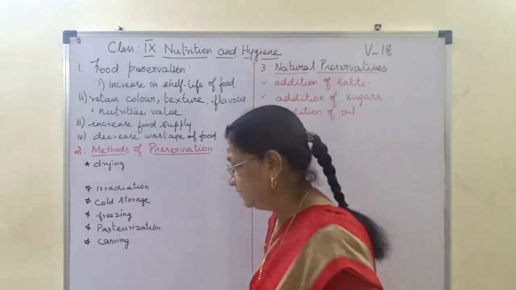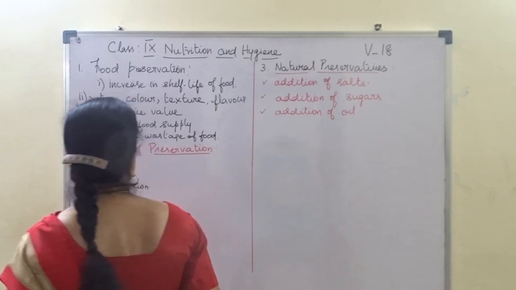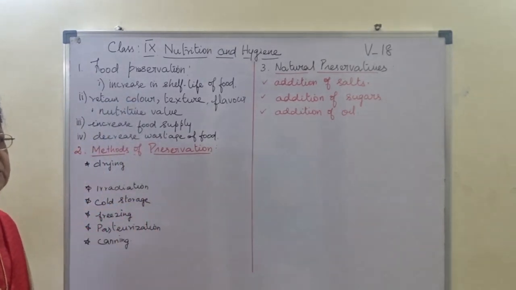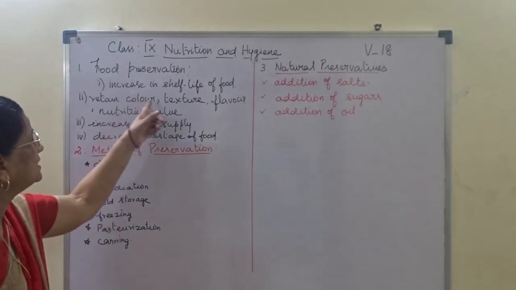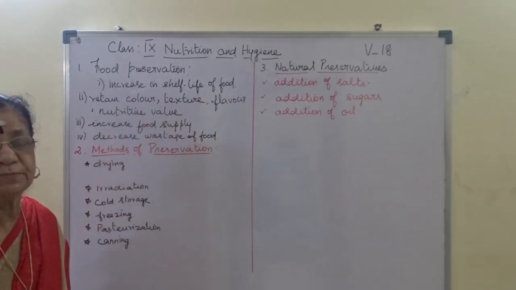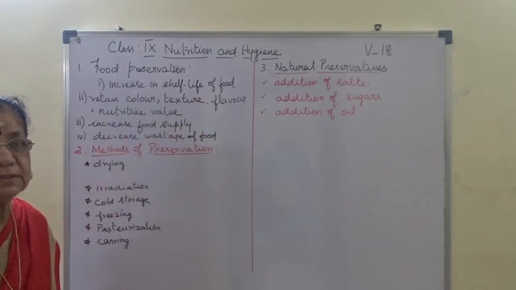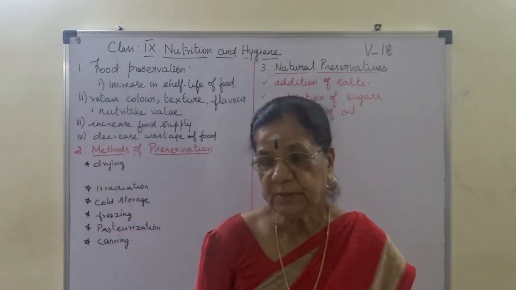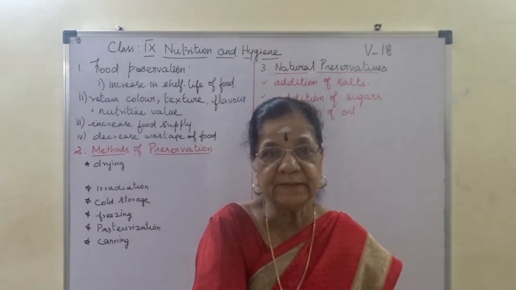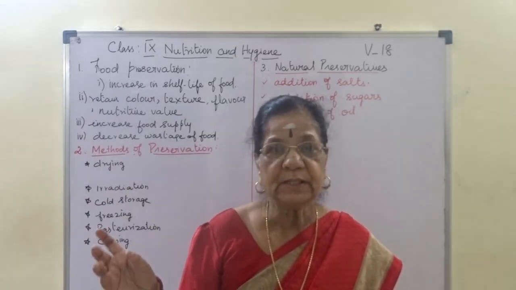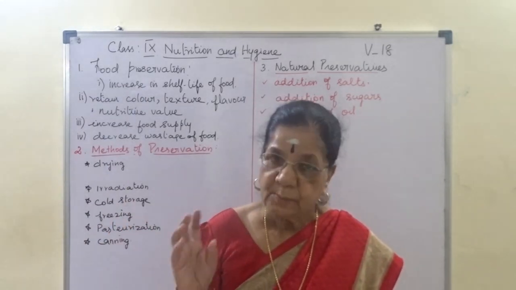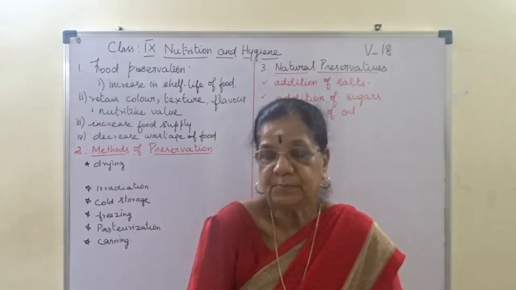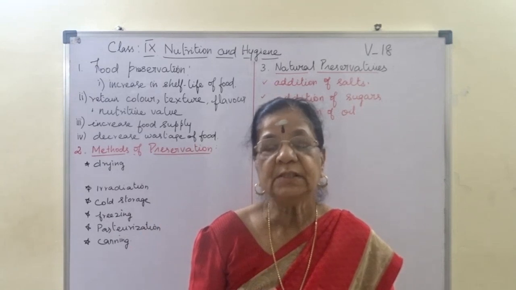So why do we do food preservation? Food preservation increases the shelf life of food. Shelf life means how long we can store it. For example, we buy monthly provisions; we don't go to the shop daily to buy rice, we buy a monthly provision. So we should store it in a proper way.